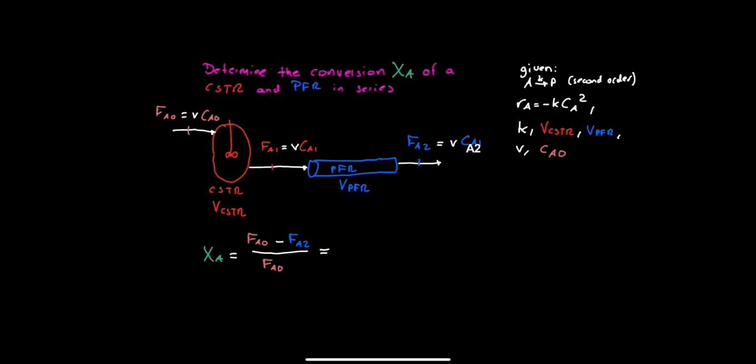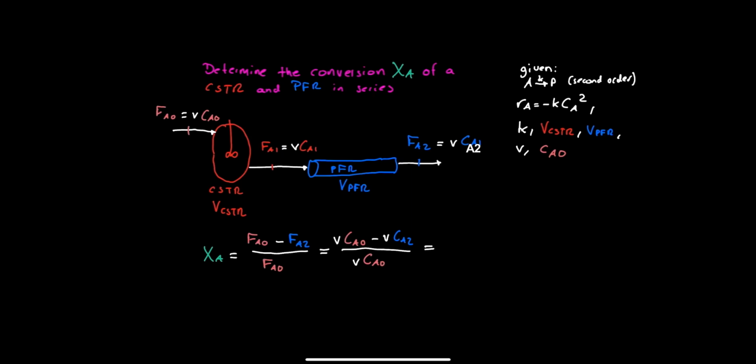And we know that the molar flow rate is going to be equal to the volumetric flow rate times the concentration. So for Fa0, it's going to be the volumetric flow rate times the concentration Ca0, which is at the inlet, minus the volumetric flow rate times the concentration at the outlet, which is Ca2, divided by the volumetric flow rate times Ca0.